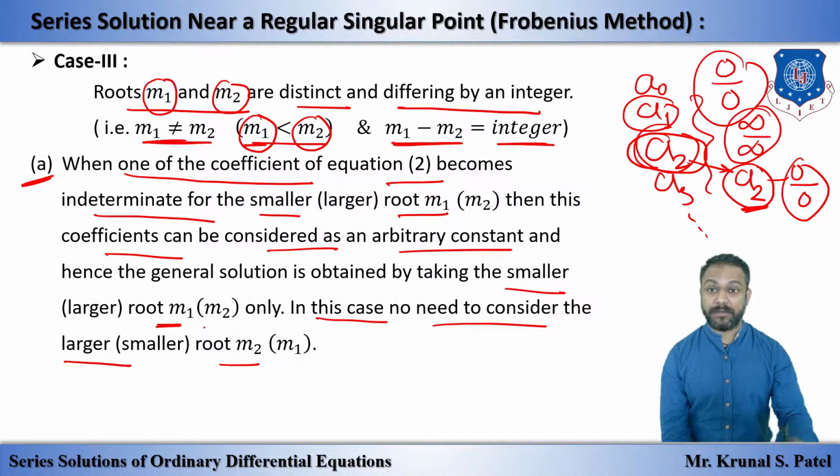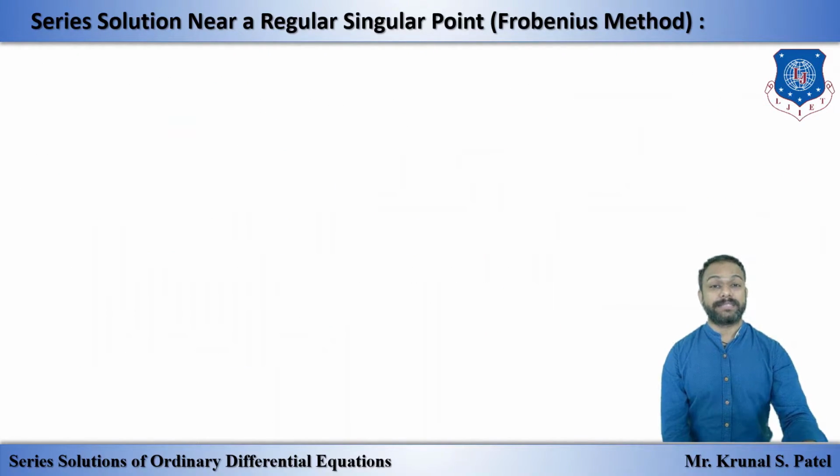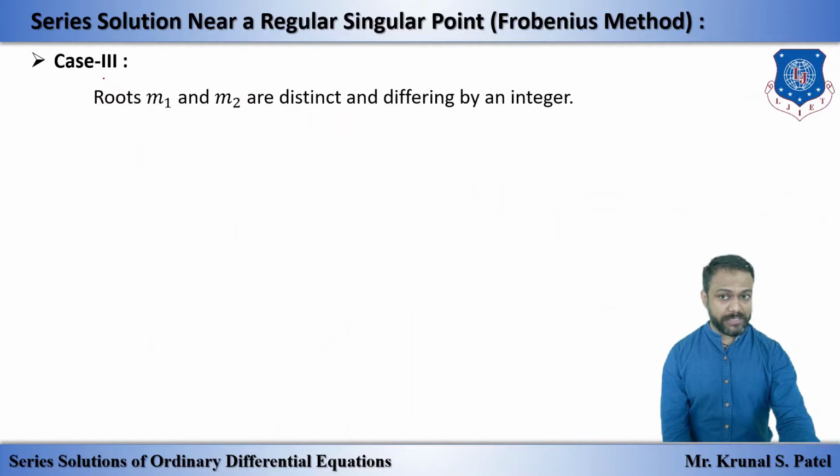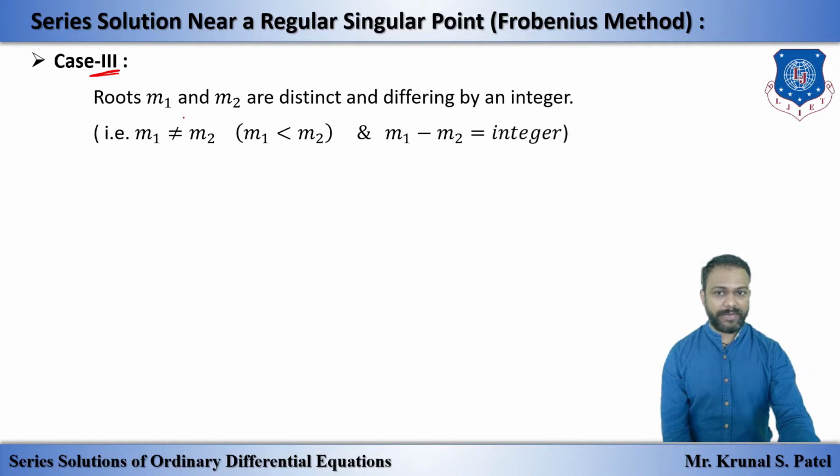This is case 3's first case. Now the second logic in case 3: m1 and m2 are distinct and differ by an integer, and we consider m1 as the smaller root and m2 as the larger root.